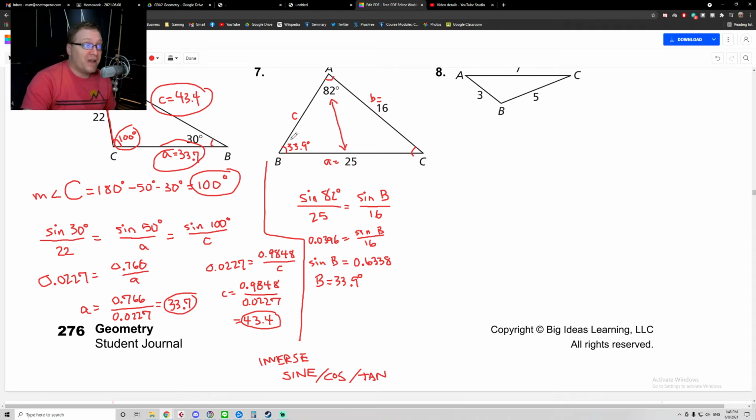Now that we have this angle, it's easy to find the other angle, because it's going to equal 180 minus this minus this. So C equals 180 minus 82 minus 33.9.